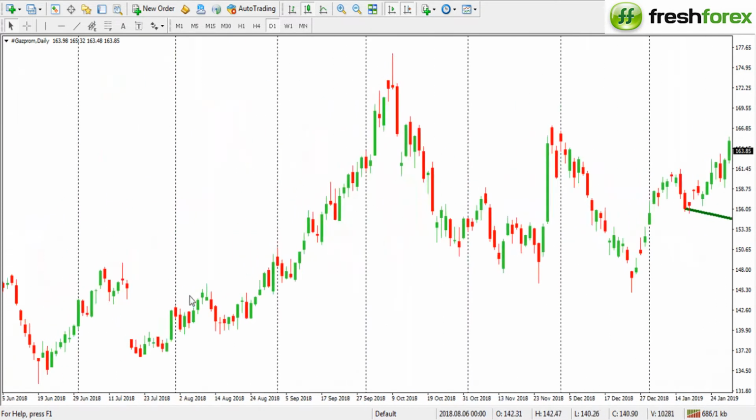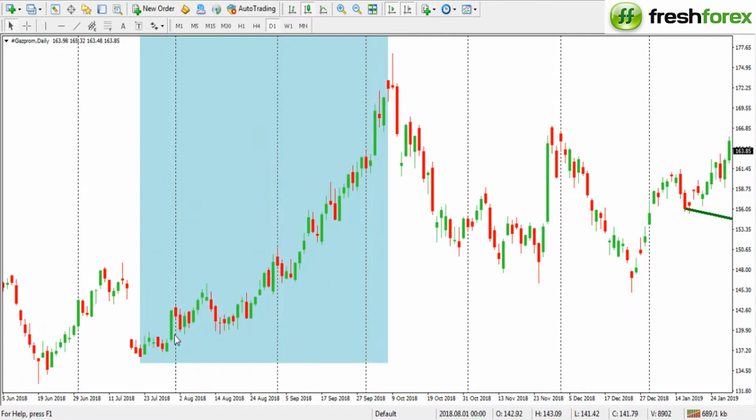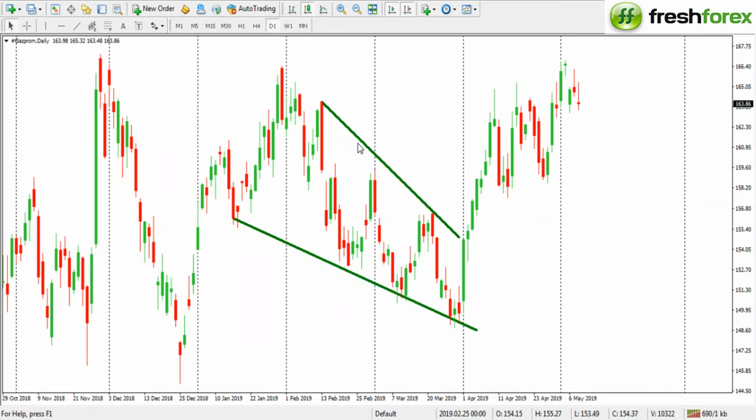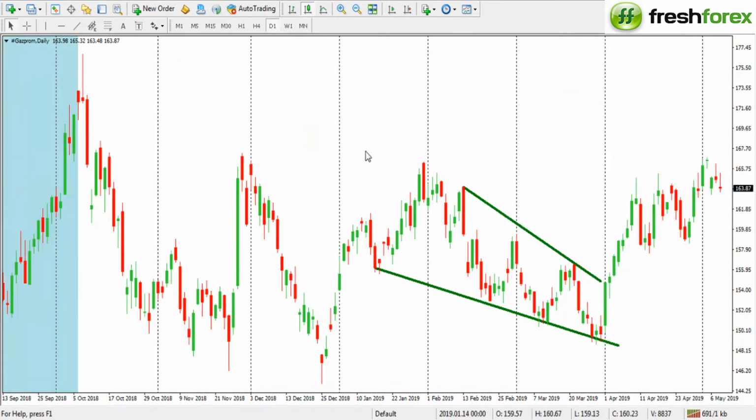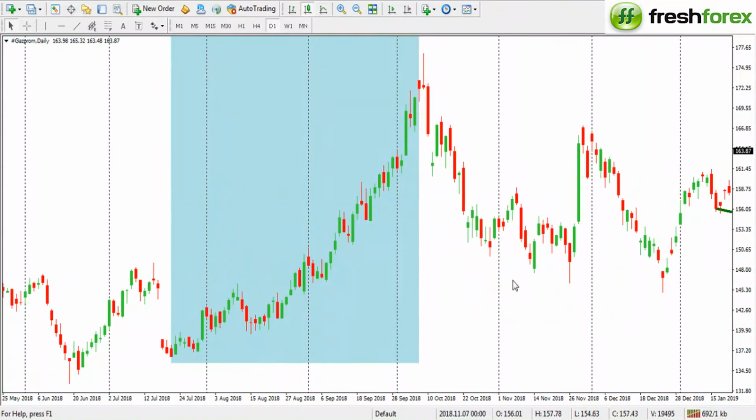And then we have this from this point here up to this point. This is a clear trend. This is a very, very clear direction. So your job as a trader is not to trade places where the price is consolidating. If you can't find a clear direction, it's better to leave the entire thing. If you can't find a clear direction in any market, wherever you choose to trade, don't trade it.